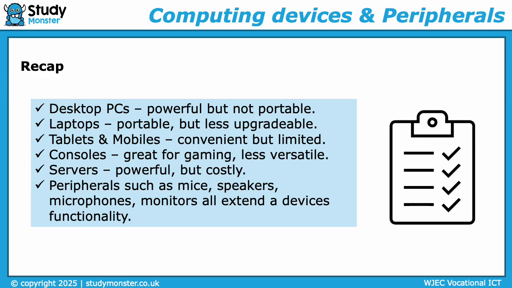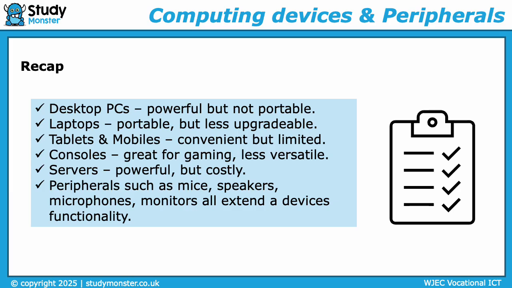So to recap that, and I have rushed through this quite quickly, desktop PCs, they're powerful, but they're not portable. Laptops, they're very portable, but they're less upgradable, so they're a lot more fiddly to upgrade. Tablets and mobile phones are convenient, extremely portable, but they are limited in what they can do.